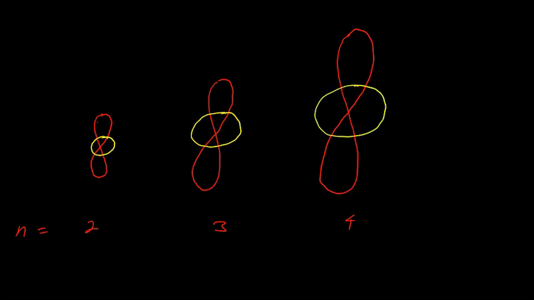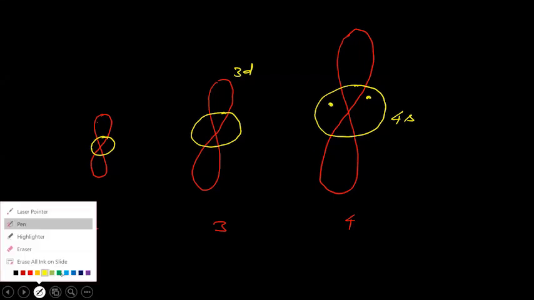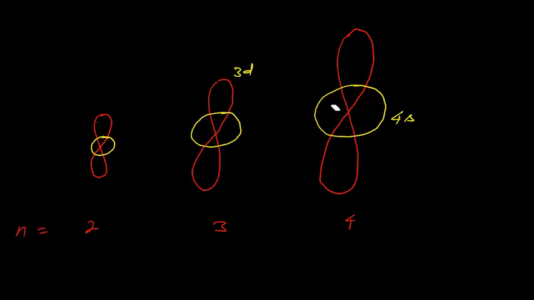Now you can see that 4s is actually smaller than 3d. So in 4s, the electrons will be closer to the nucleus. This is the region where electrons can be in 4s. So the electron can be here, or here. So this much will be the distance of the electron from the nucleus.